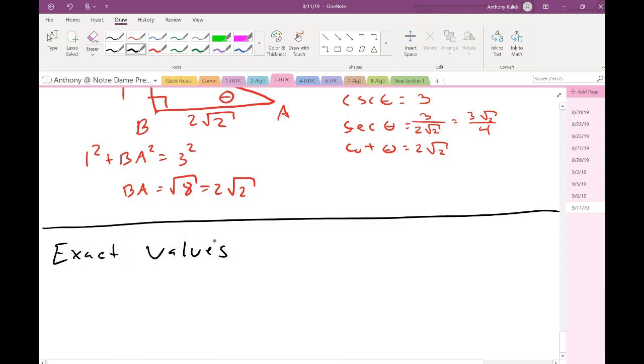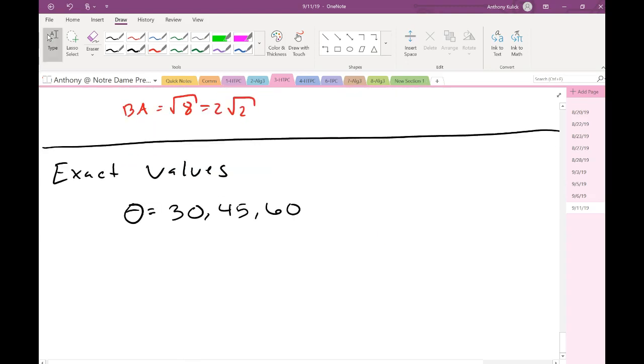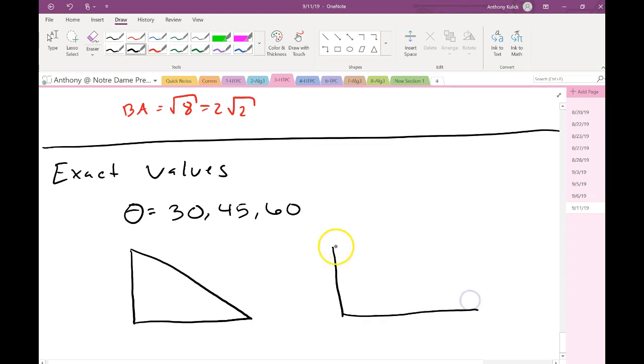So finding exact values for trigonometric ratios is going to be something of special interest to us in the near future. The values of theta that we can find exact values for when theta is an acute angle are 30, 45, and 60. And the way we can find those exact values for sine, cosine, tangent, cosecant, secant, and cotangent are using our special right triangles.